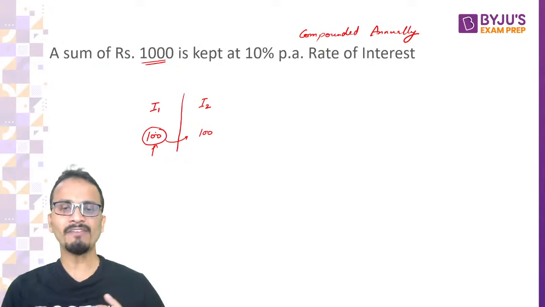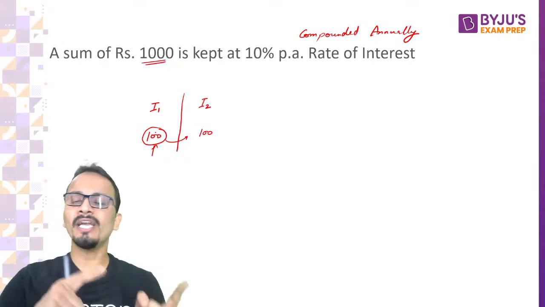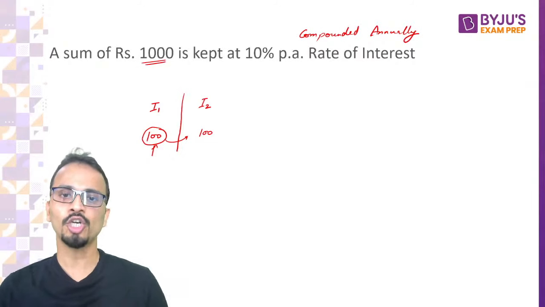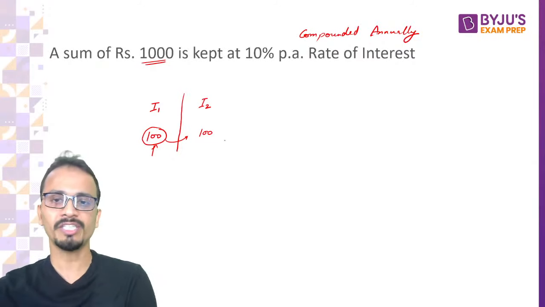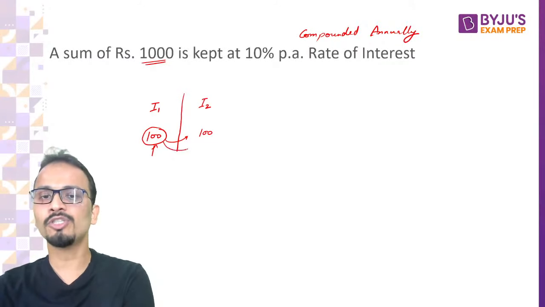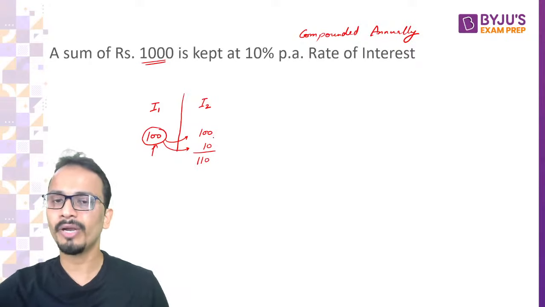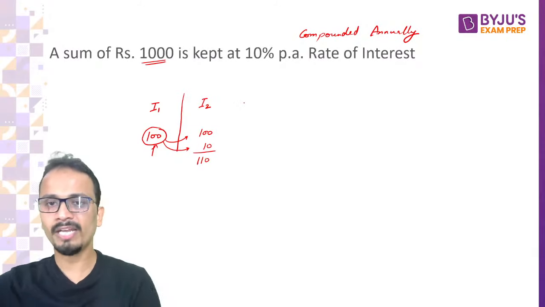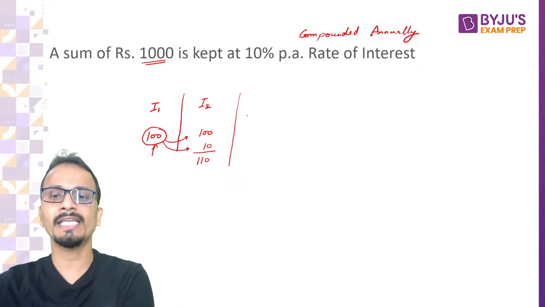What I have done is copy the interest of the previous year and give interest on the interest of the previous year. So 10% of 100 is 10 rupees, and the interest of the second year will be 100 plus 10, that is 110. Now wait and watch, you will understand it in the next case.